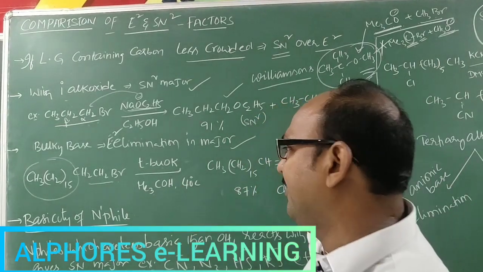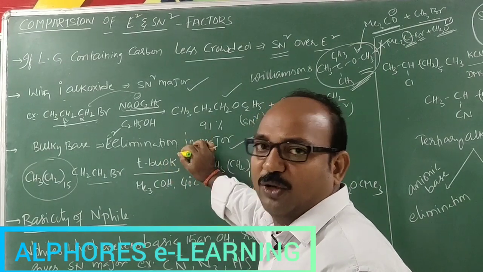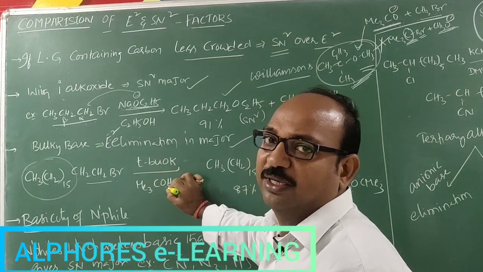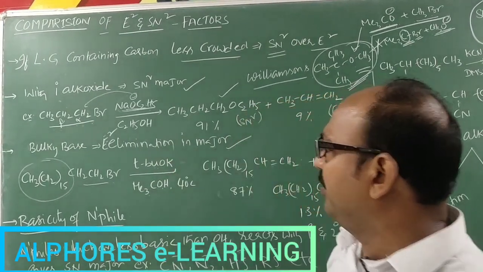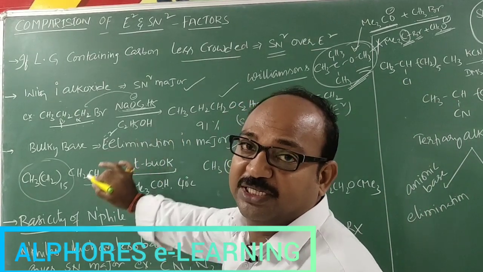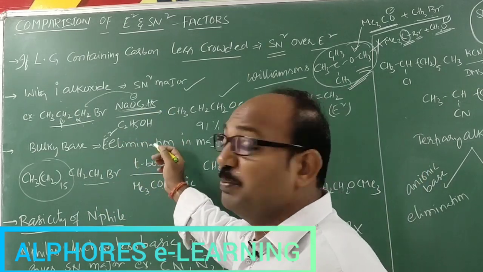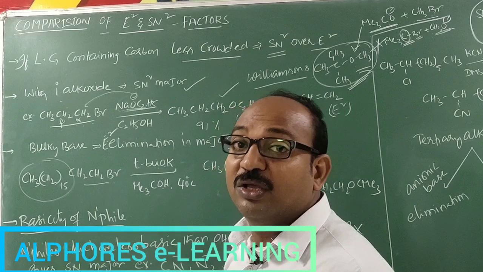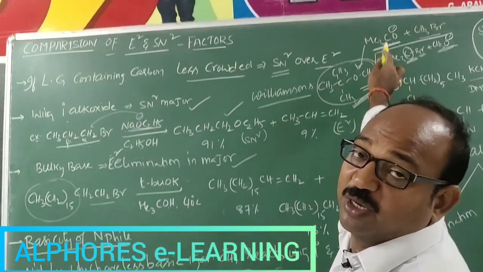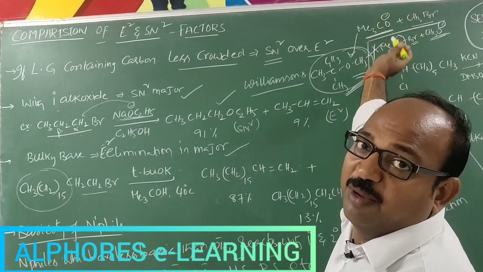Always, for the alkoxide base we are using, that alcohol only we use as the solvent. So here the tertiary butoxide, this bulky base, prefers elimination rather than substitution. Here also we use a bulky base, na sir? You mentioned tertiary butoxide, of course, but there is no beta carbon there, hence there is no elimination chance.